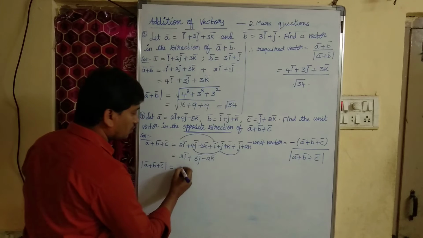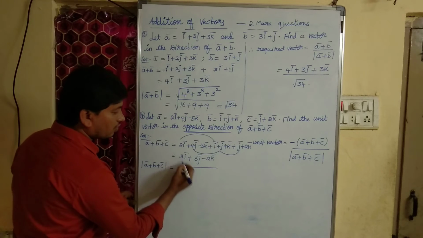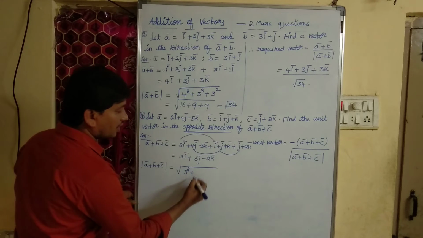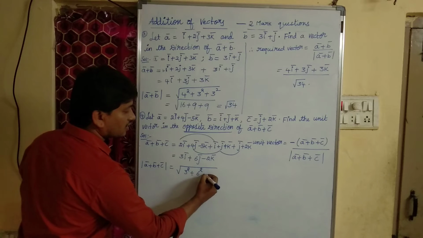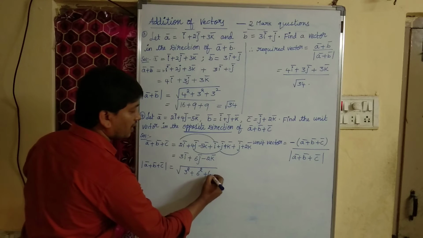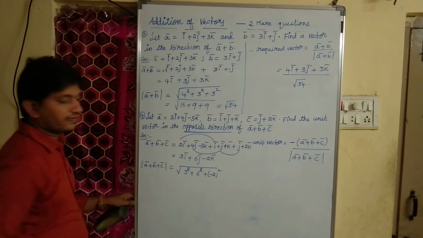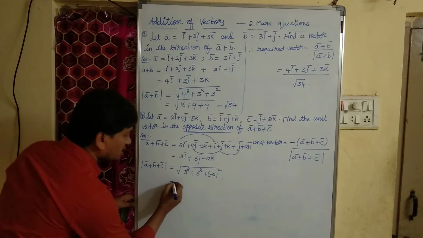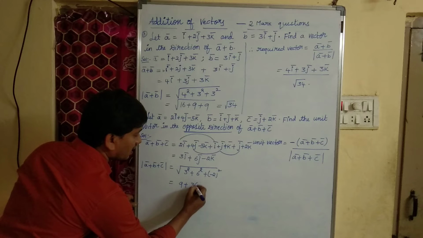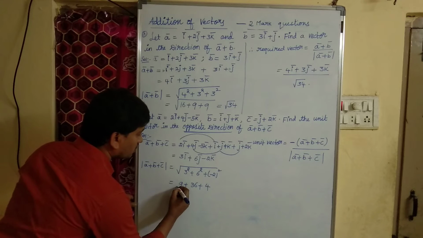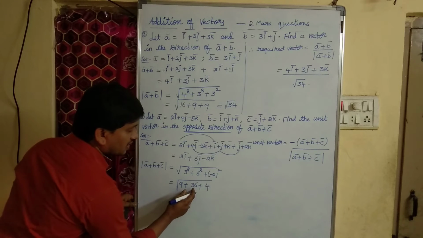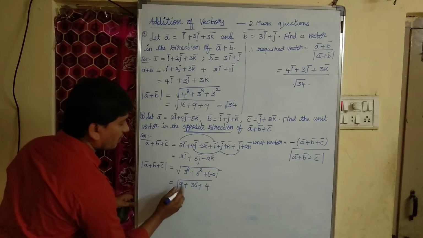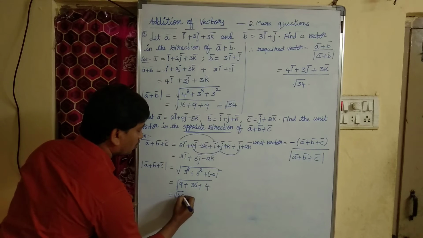Now we have to find out modulo of A bar plus B bar plus C bar. That is equal to square root of I coefficient 3 square, J coefficient 6 square, K coefficient minus 2 whole square. Right? So 3 square 9, 6 square 36, 2 square 4. 4 plus 36 40, 40 plus 9 49. Root over 49.